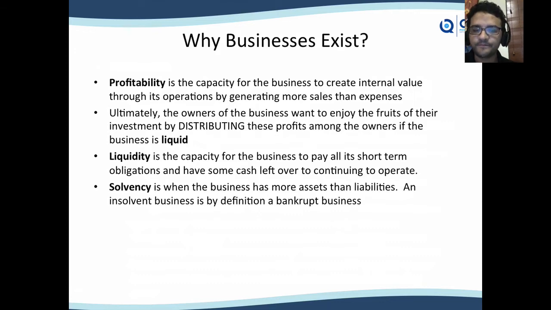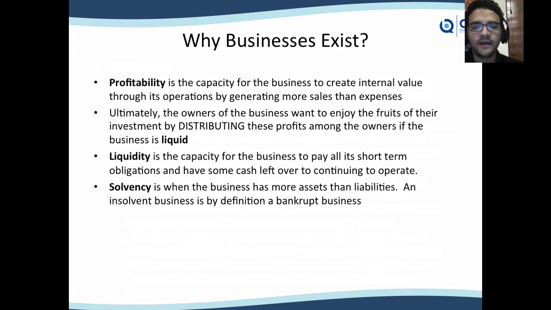It's being able to have enough current assets to cover your current liabilities in technical terms. Now, solvency is a technical term for a business that's still in positive, still in the black. So as long as you don't have more liabilities than assets, you would be a solvent business. An insolvent business is the definition of a bankrupt business. Basically means you have more debt than assets.